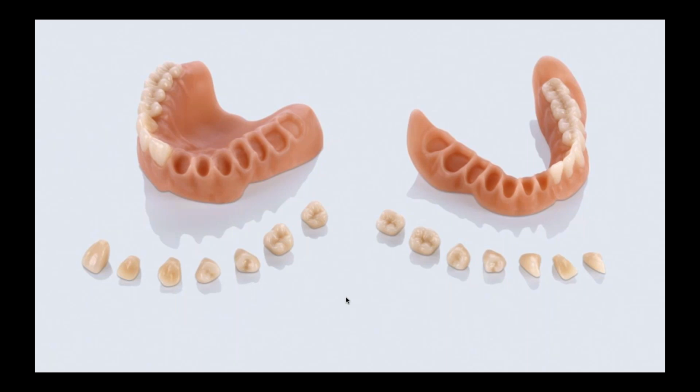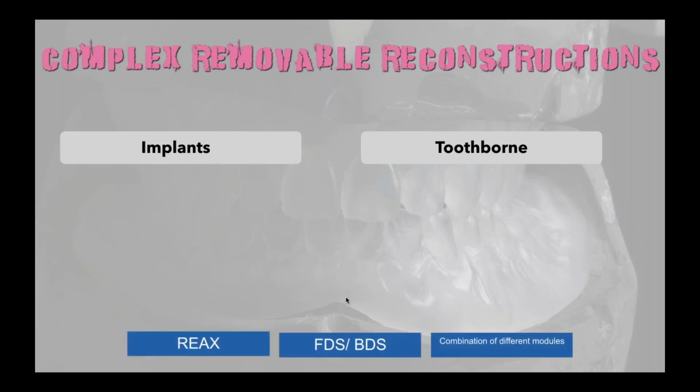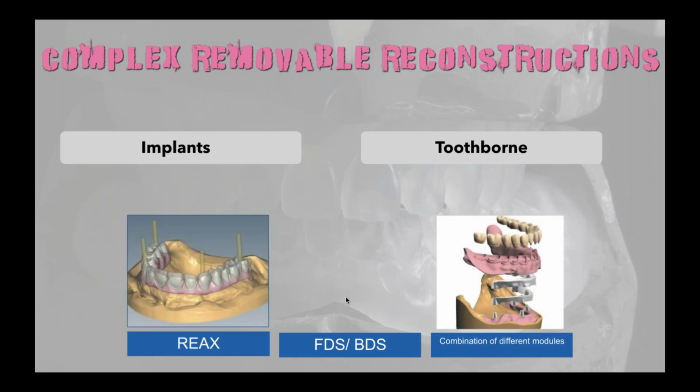Aesthetics is a big issue. We'll show some slides as well, aesthetically. Where I see the future, what I like about the FPS system, especially with the wax space, is that we're pretty flexible in terms of complexity of the restoration. We can use it on implants, we can use it on tooth-borne. It doesn't really matter.